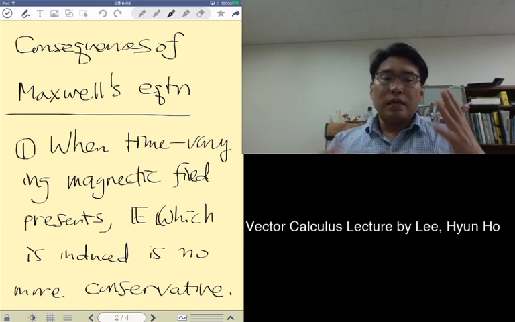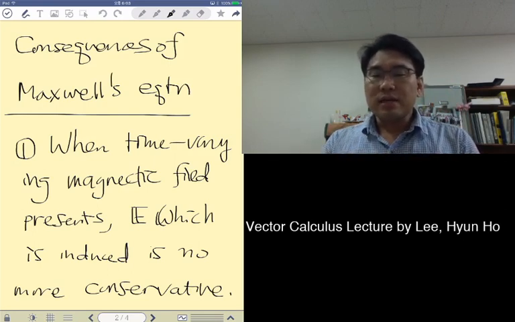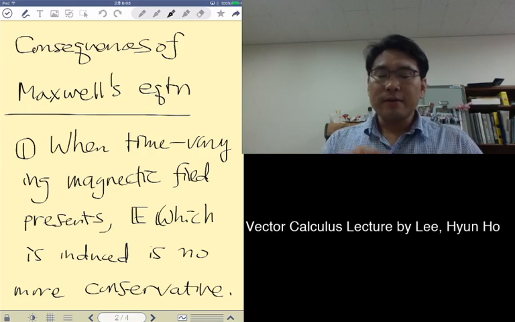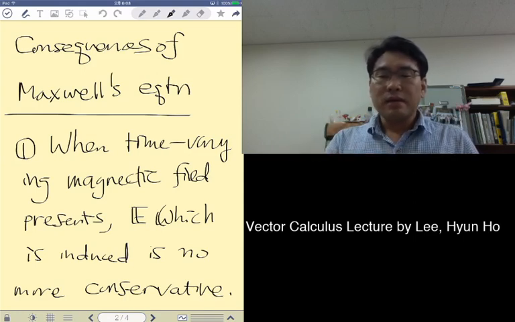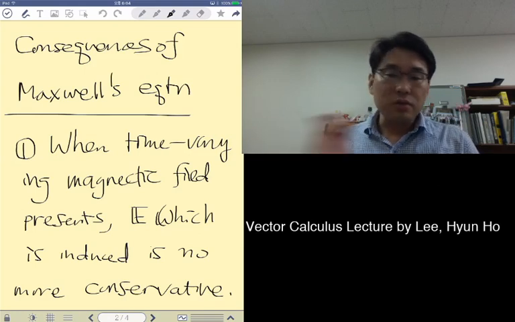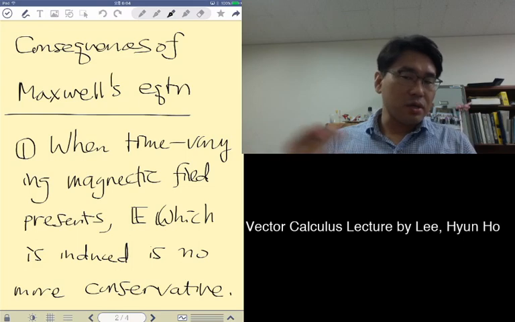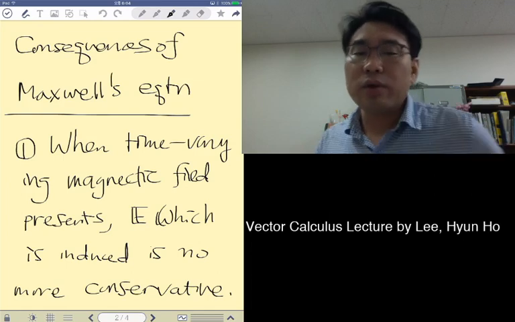By those two criteria, if you remember the last equation, the curl of the electric field is minus the time derivative of the magnetic field. So this is not 0, so the curl of E is not 0, which means that E is no more conservative, right? We emphasize that point.